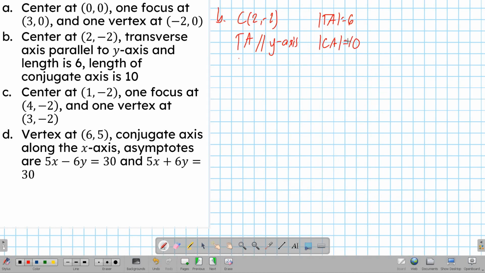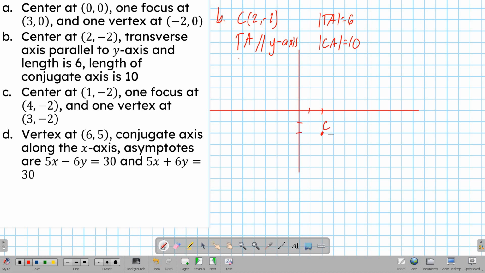Now let's look at letter B. We are told that the center is at 2, negative 2. The transverse axis is parallel to the y-axis with a length of 6 and a conjugate axis length of 10. If we try to graph this, the center is at 2, negative 2.